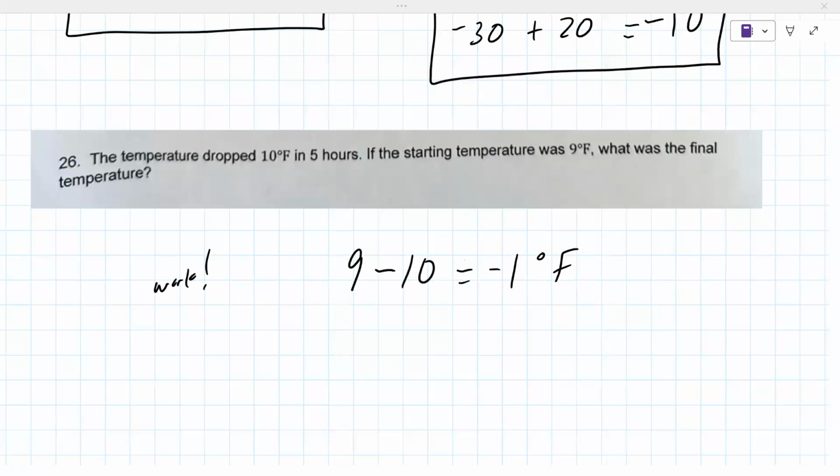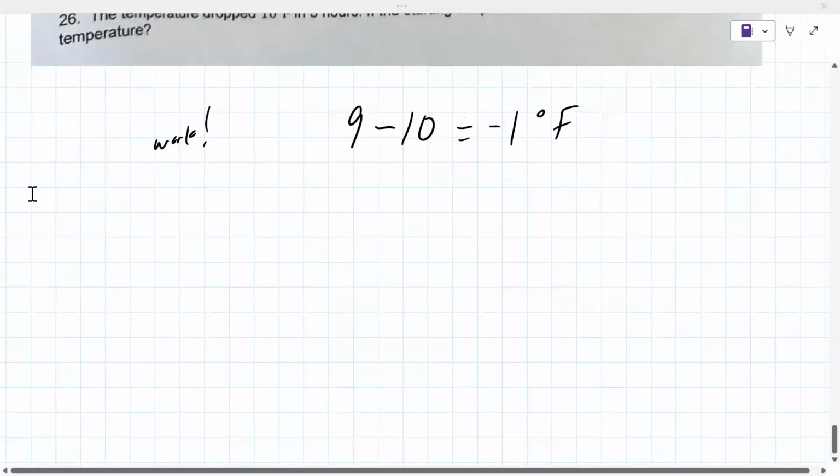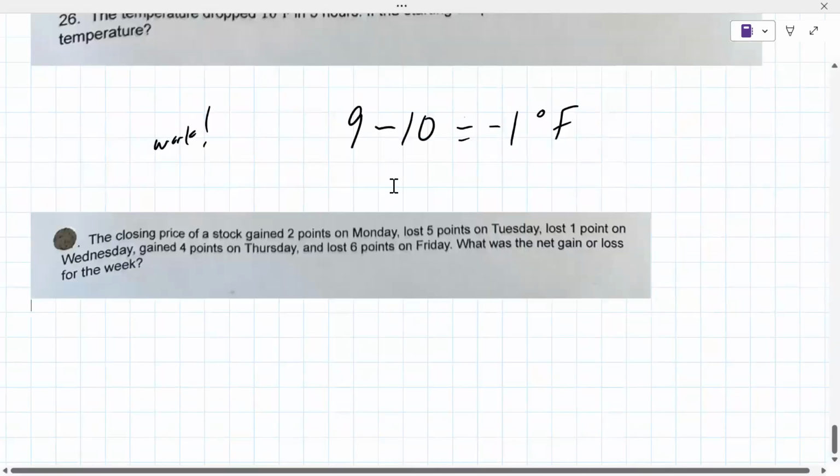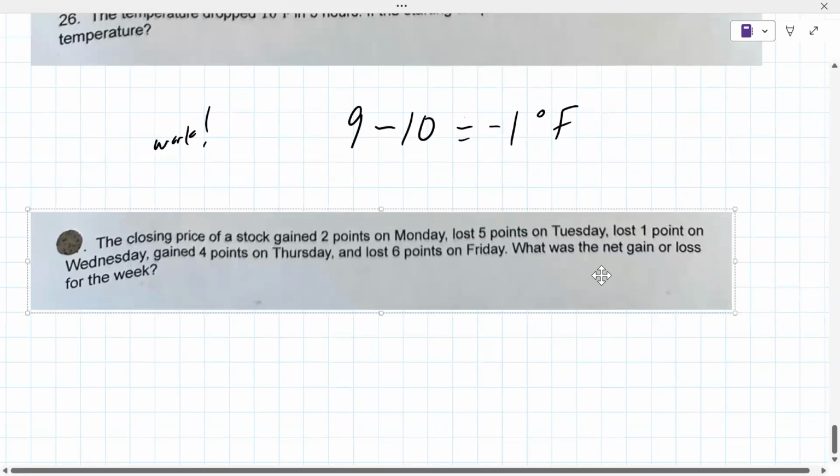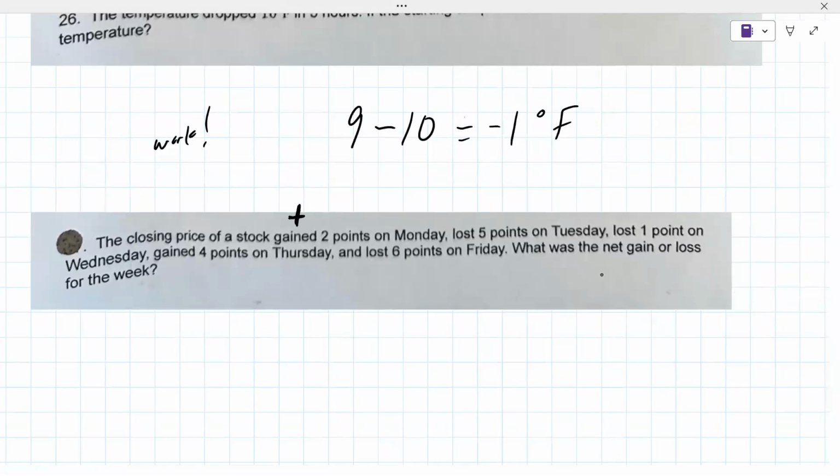Okay. All right. So number 27 is kind of a situation where you're going to have a few adds and subtracts in there. So look for words like increased or gained. Gained is a plus, lose is a minus, lost is a minus.